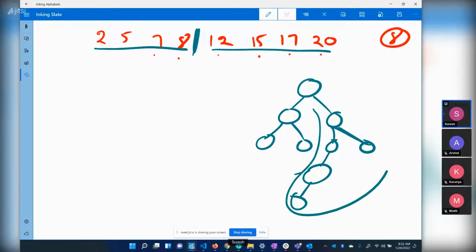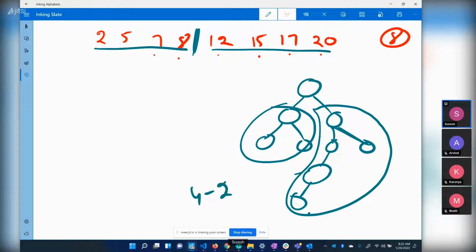This whole subtree has 4 levels, and this one has only 2 levels. 4 minus 2 equals 2, so the difference between the left subtree and right subtree is two. That's where it is imbalanced. If you don't have this node, the height is 3, and 3 minus 2 is 1, which is okay.